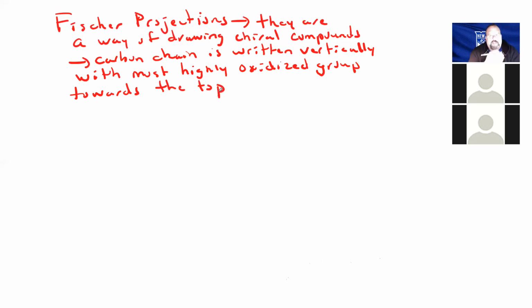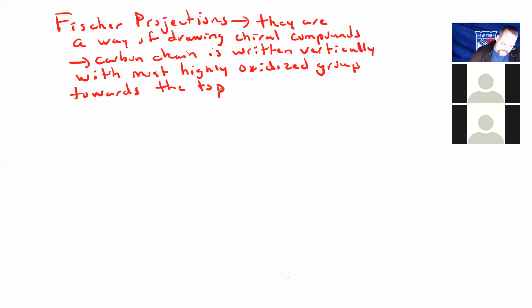And essentially, as I mentioned in the notes, when we talk about the most highly oxidized group, we talk about the group that has the most carbon to oxygen bonds associated with it.